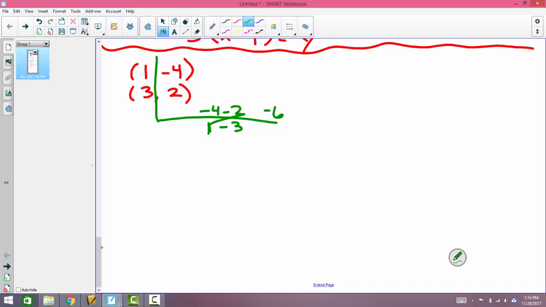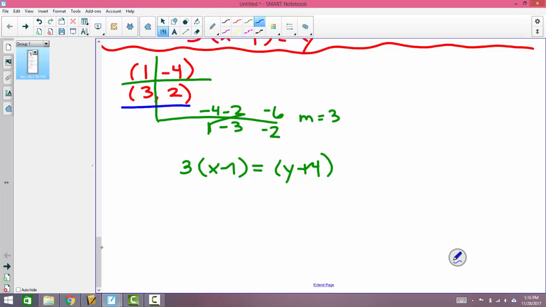So you would have gotten negative 6 over negative 2. So your slope is 3. And then your point slope form is 3 times, I'll do the 1, negative 4. X minus 1 equals y plus 4. The other one you could have done is the second one. Okay, go ahead and take each of those and put them in y equals mx plus b form.